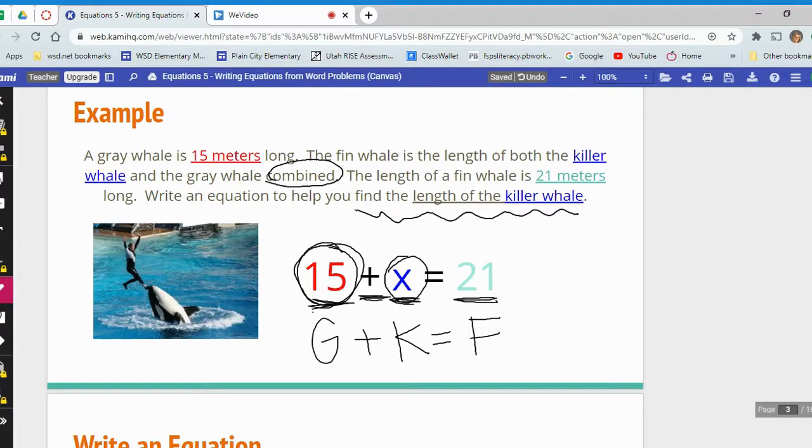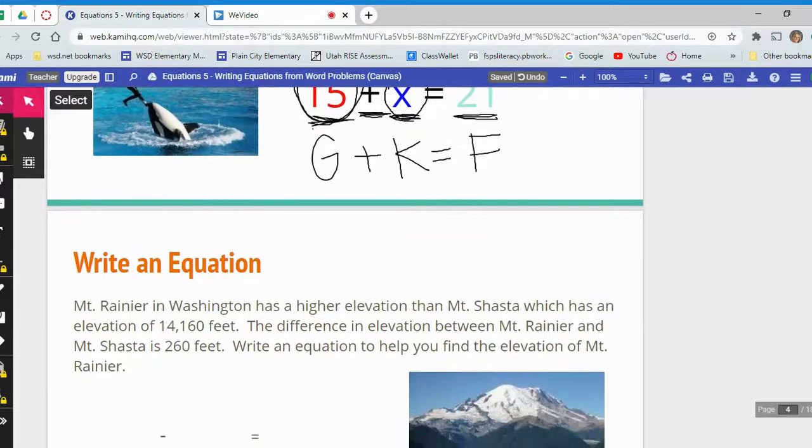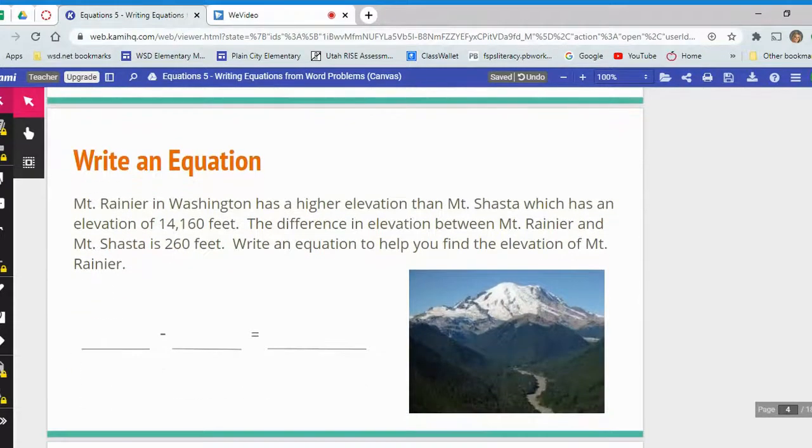So this is just really doing what you would do in real life to be able to figure out an equation that would help us solve for that missing piece. Okay, so we're going to go through today and try lots of different examples, and hopefully you will start to feel a little bit more comfortable with this. So let's look at the next one.